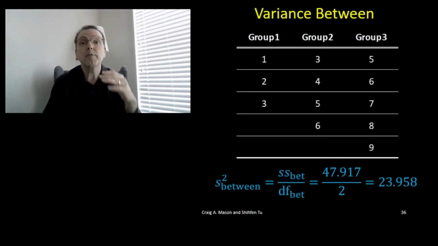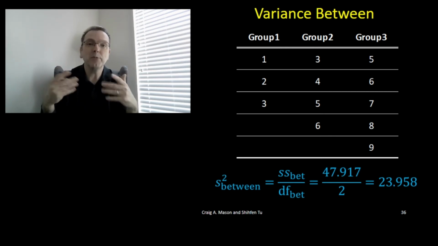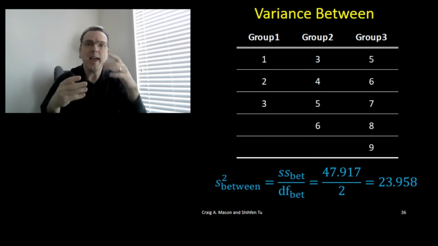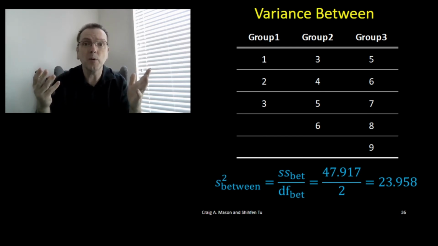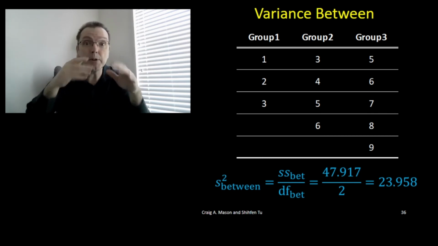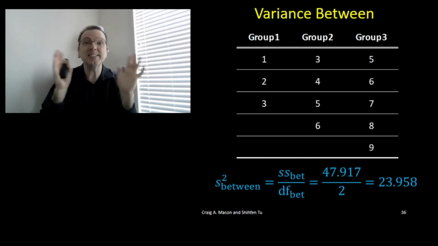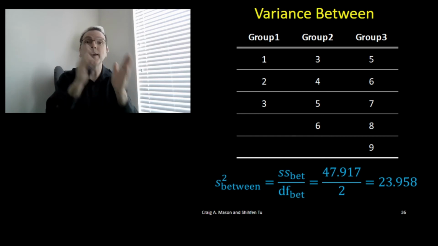The last step for our between groups calculations is to calculate our variance between. Now, as with the variance within, you may see this reported as the S squared between, or the variance between, or the mean square between, but it's all the same thing. It's the between groups variance, right?